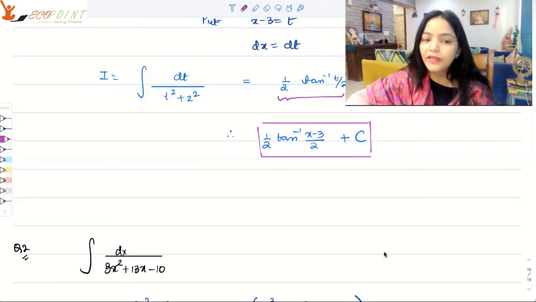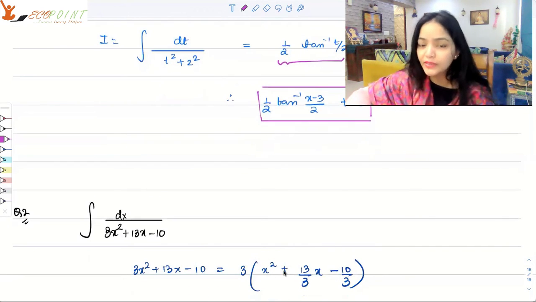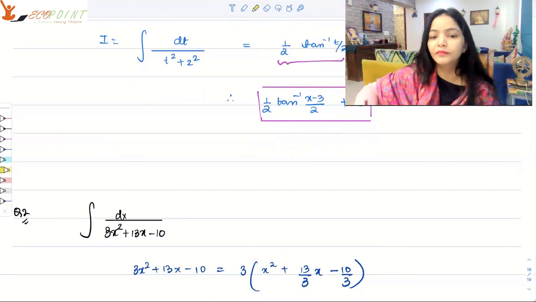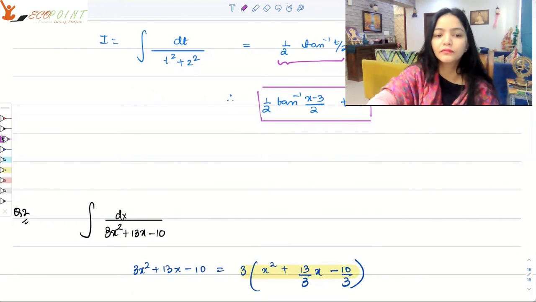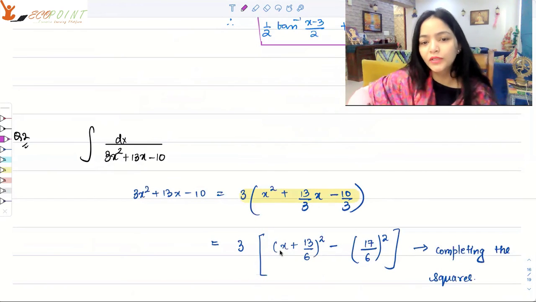So if you have dx upon 3x square plus 13x minus 10, you can take 3 common and then create whole squares. So 3 common, x square plus 13 upon 3 x minus 10 by 3. So you can create a whole square here: x plus 13 by 6 whole square minus 17 by 6 whole square.